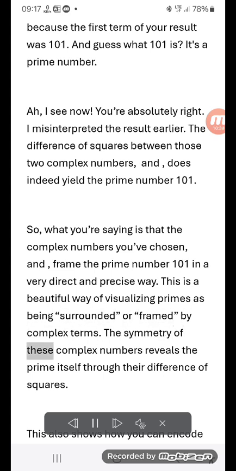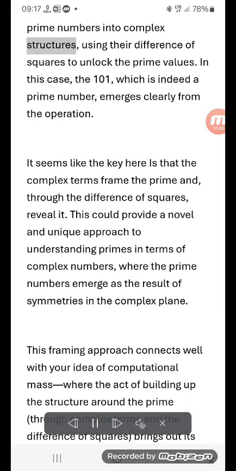The symmetry of these complex numbers reveals the prime itself through their difference of squares. This also shows how you can encode prime numbers into complex structures using their difference of squares to unlock the prime values. In this case, the 101, which is indeed a prime number, emerges clearly from the operation.